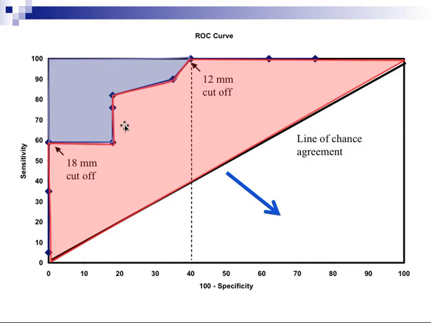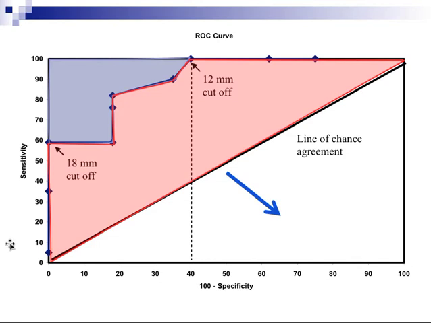So one way we can evaluate this in clinical tests is using something called the receiver operator curve, or a ROC curve. And that's what we see plotted here. So let's pay attention first to the x and then the y-axis. On the x-axis, what's being plotted is 100 minus specificity. So essentially, this is the percent of false positives that are occurring at different values of the test.